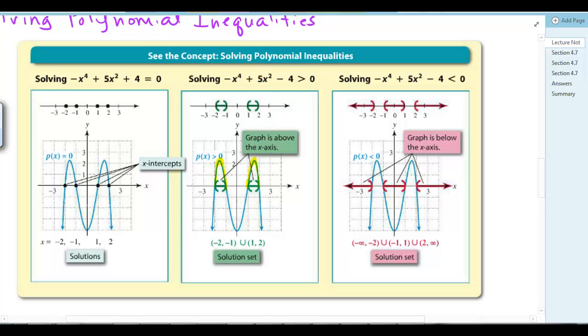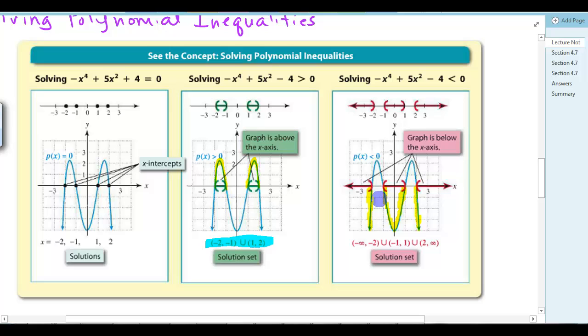And here's the way we will most likely see the solution written, interval notation. If we were solving that same expression for less than 0, then that's going to be the pieces that are below, because 0 is right here. This is where y is equal to 0. So anything less than that would be down here.